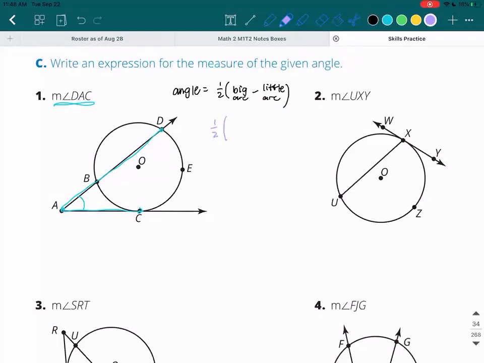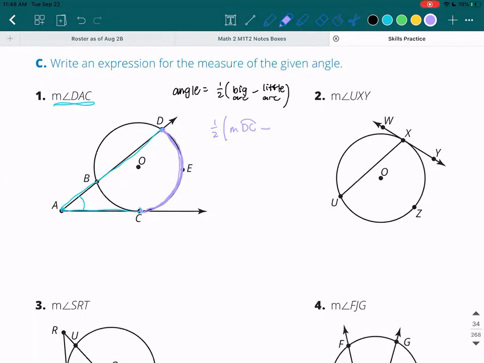Half the big arc is going to be DEC, or you could just call it DC. I think that's fine. You only really need to include 3 letters if it's a major arc, remember, more than half the circle. This one's not more than half the circle, so you can just say DC. So measure of arc DC minus the little arc.